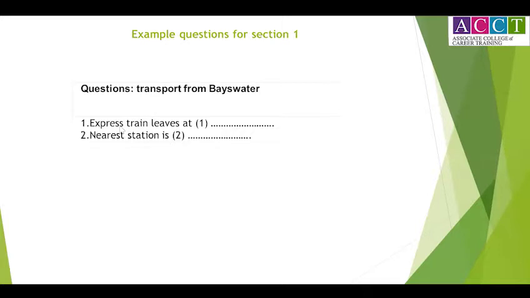If you read, you will be able to make a certain prediction out of it. Now it says express train leaves at, that means you have to listen to that part of the audio which will be telling you about a certain time. And then we have nearest station, which means now I have to listen to that part of the audio wherein I'll be able to locate a certain place, right? So that's how it is.